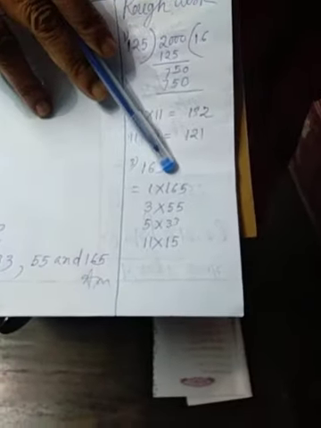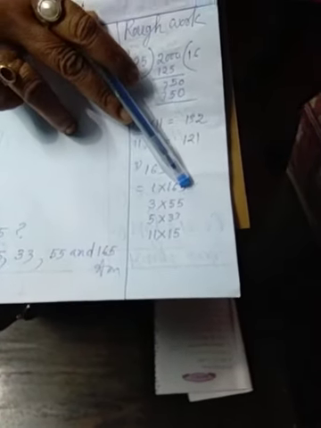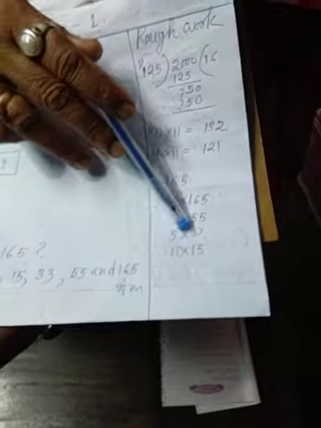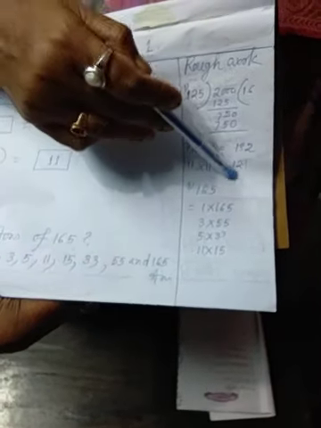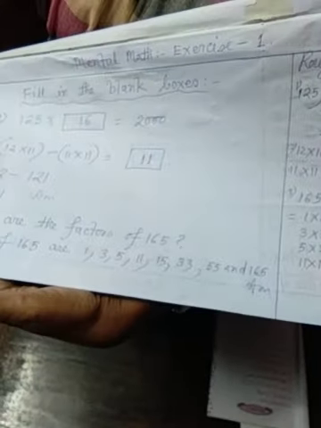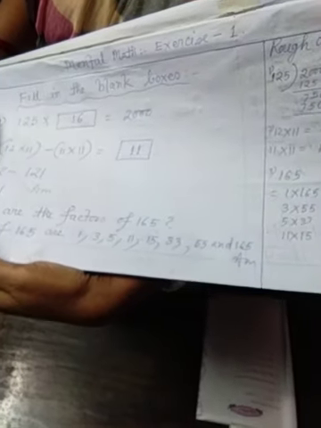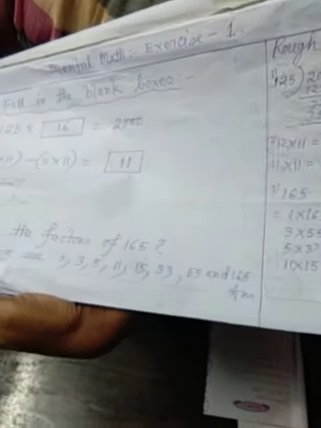That is 165. 1 into 165, it can be divided by 3. 3 into 55. 5 into 33. 11 into 15. So all these are factors: 1, 3, 5, 11, 15, 33, 55, 165. So factors of 165 are 1, 3, 5, 11, 15, 33, 55 and 165.